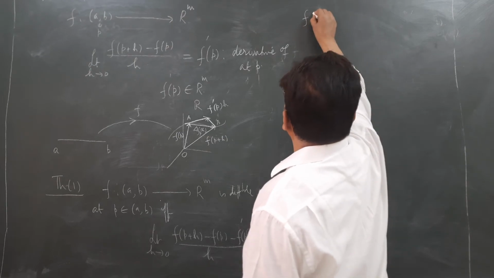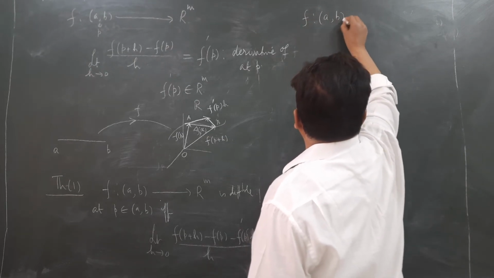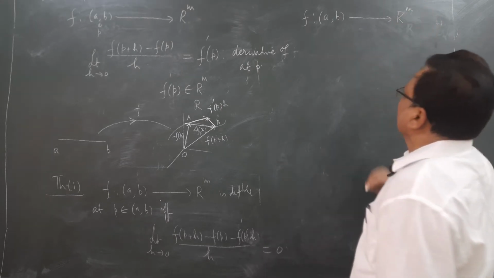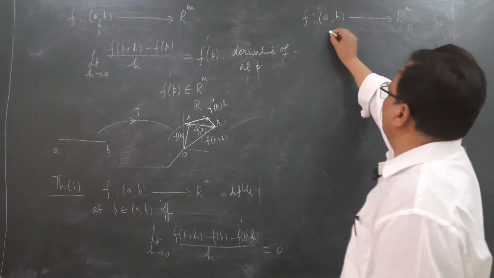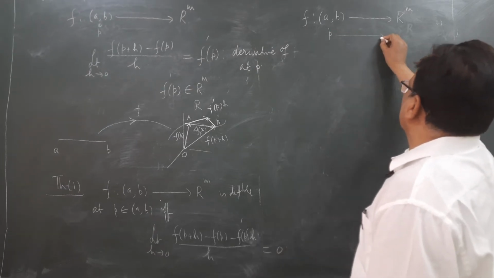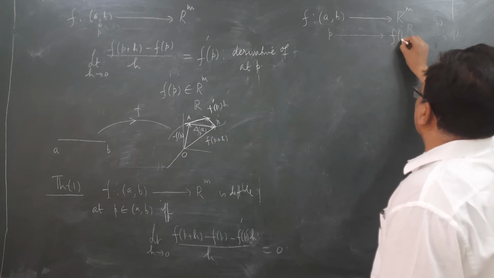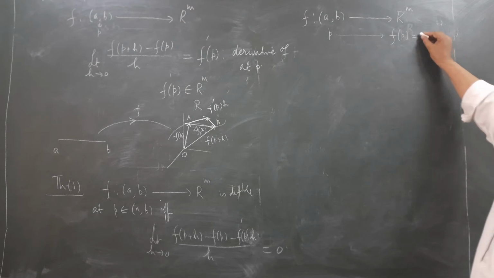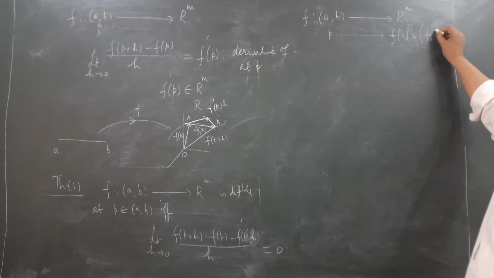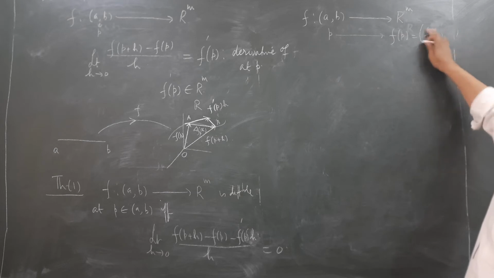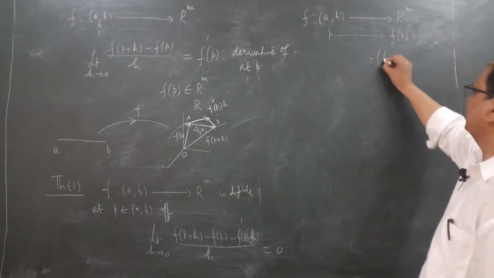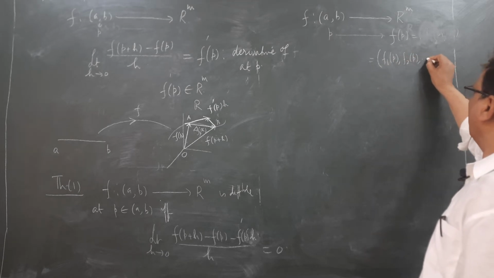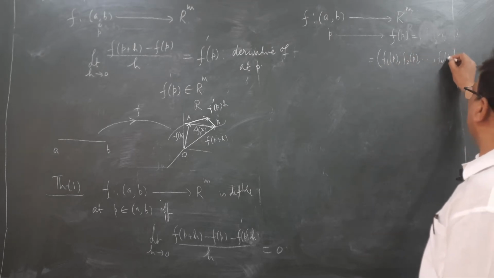So when you have a function from an interval AB to Rm, if I take a point p over here, this will go to a vector f of p, and it's a vector of Rm, so it will have certain components. These components I will be calling f1 of p, f2 of p, up to fm of p. It will have m components.